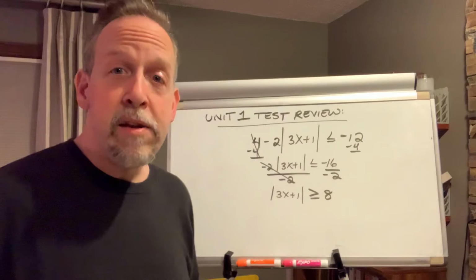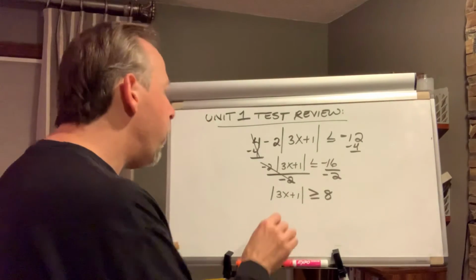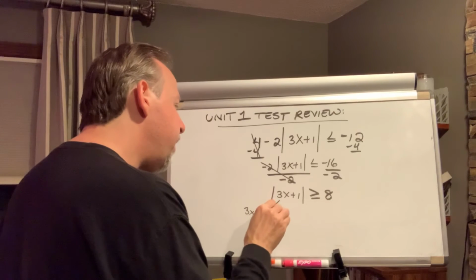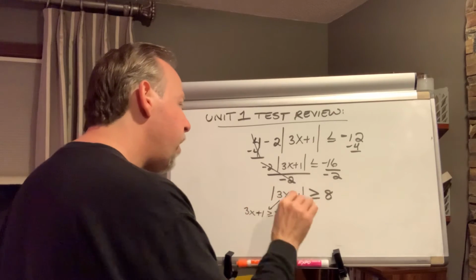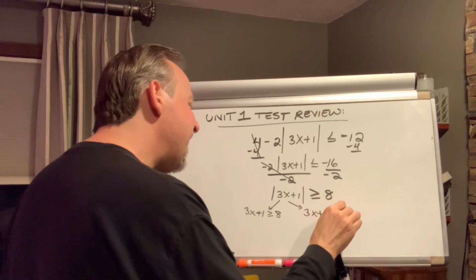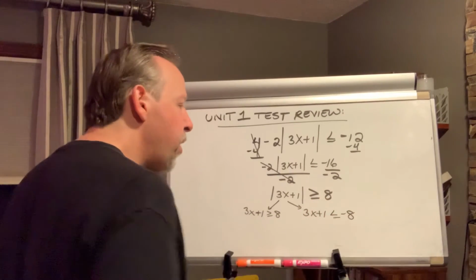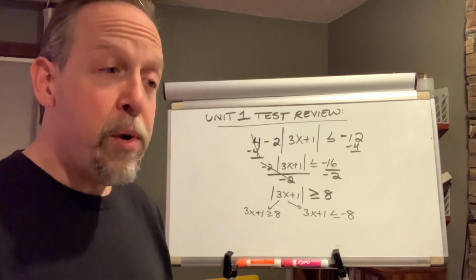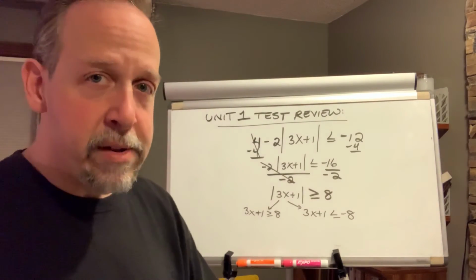Now I can break it into 2 different problems. One where 3x plus 1 is greater than or equal to 8. Or the other where 3x plus 1 is less than or equal to negative 8. Remember that when you make that second problem, you reverse the inequality symbol and you make the result negative.